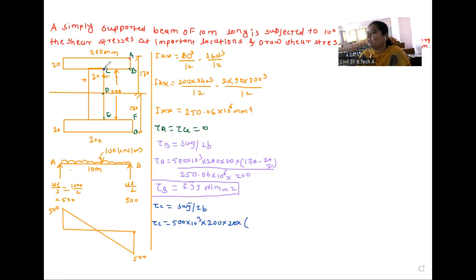Whenever we calculate at a particular point, we consider the area above this point and its CG. Here the same centroid applies, 170 minus 20 by 2, only the width changes. So 250.06 into 10 raised to 6, into the width, and at C point the width is 20. So tau C is equal to how much?